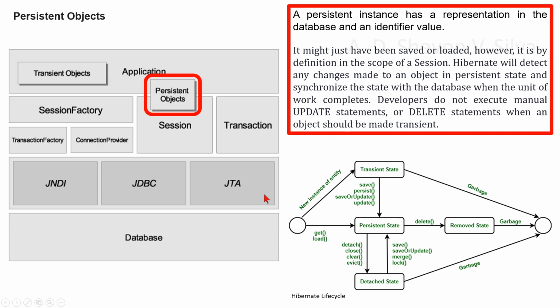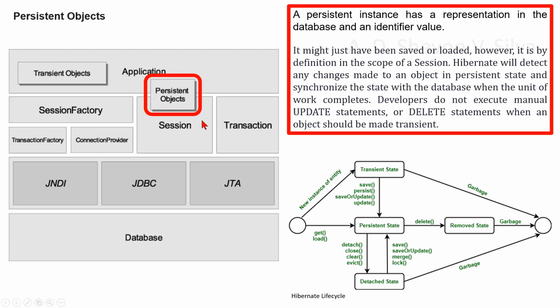Now we are focusing on persistent objects. A persistent instance has a representation in the database and an identifier value. It might just have been saved or loaded. However, it is by definition in the scope of a session.